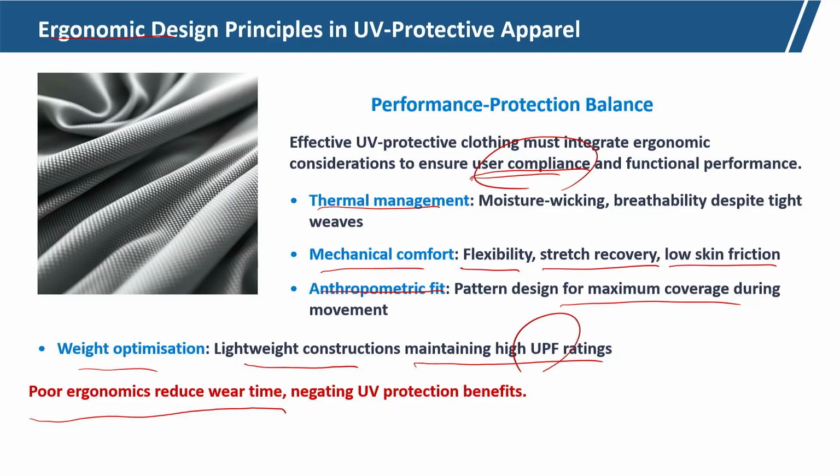It may be removed. That will negatively affect the protection benefits, so whatever protection benefits we are trying to achieve will not be realized. So, ergonomics of the apparel is very, very important.